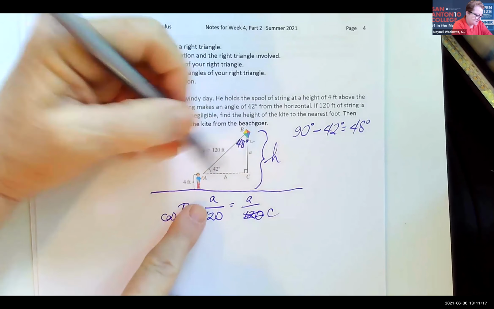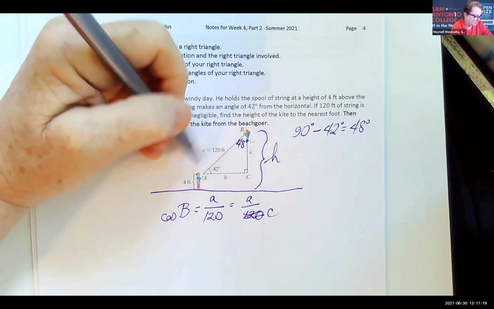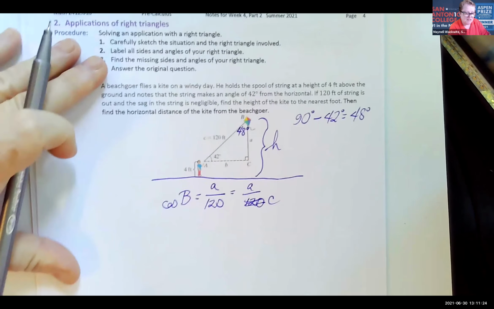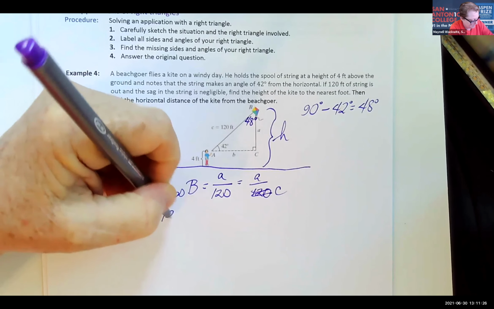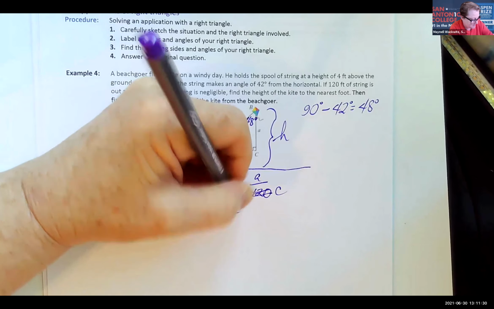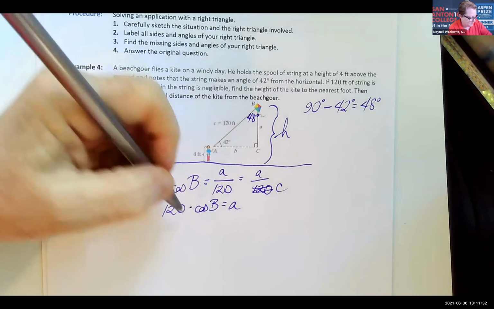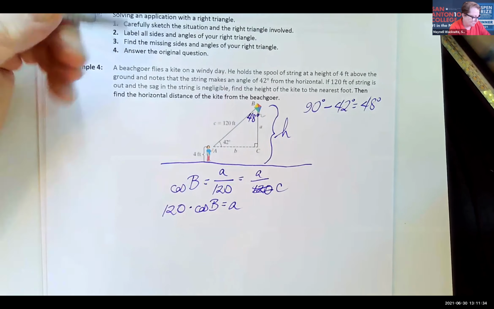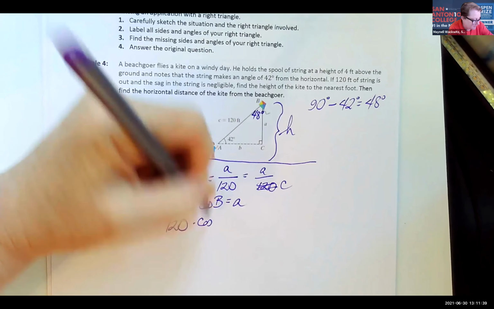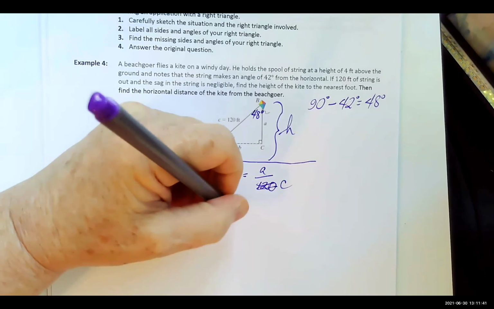The adjacent side is A. The hypotenuse is 120. And I'm going to multiply both sides of this by 120. So I have 120 times the cosine of B is equal to little a. That'll be 120 times the cosine of 48.